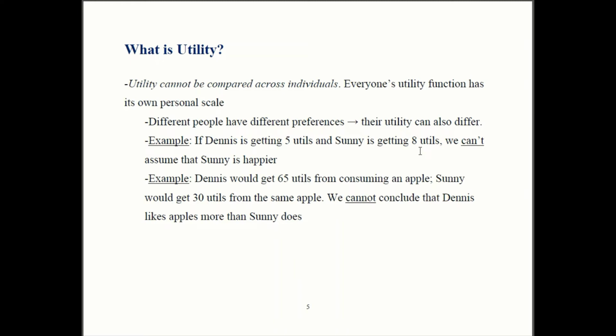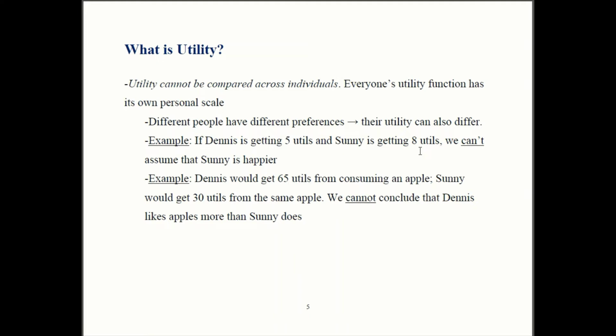That would be comparing utility across individuals, which we just said is invalid. Maybe 5 utils for Dennis on Dennis's scale could be higher than 8 utils for Sunny on Sunny's personal scale. So you can't make conclusions about who's happier than who based on their utility numbers. Another thing to watch out for is having the same action.